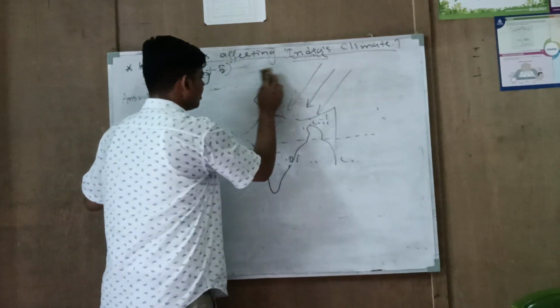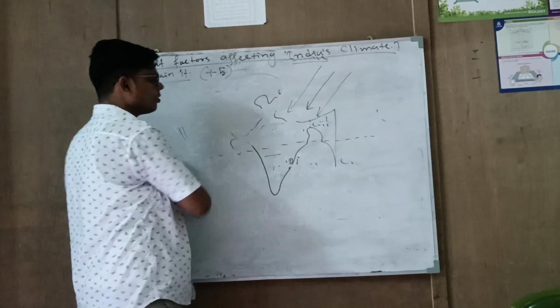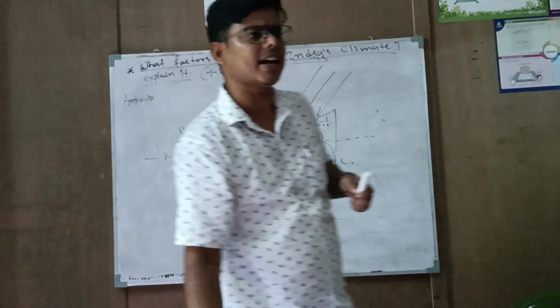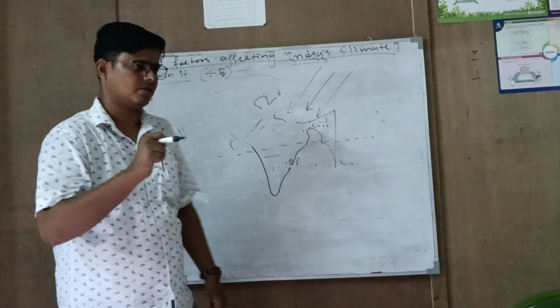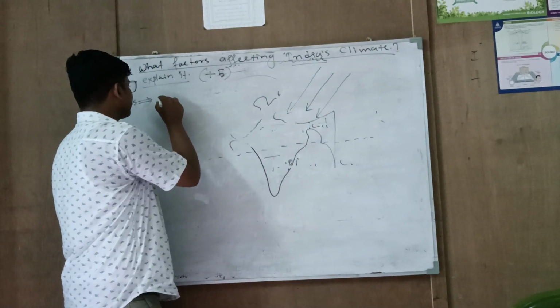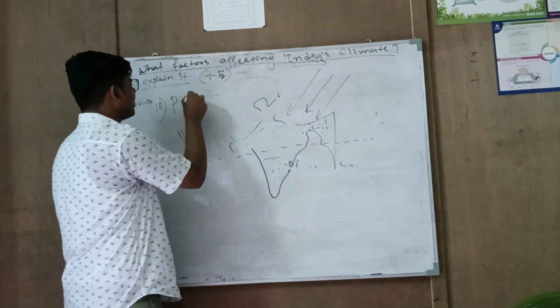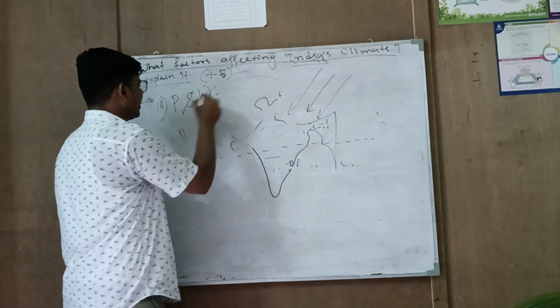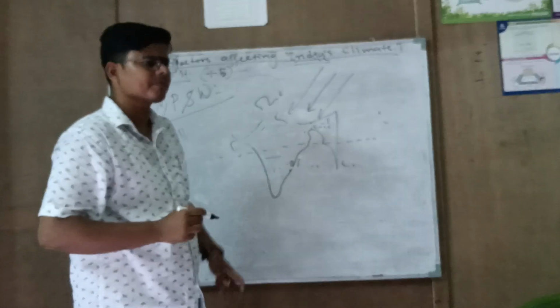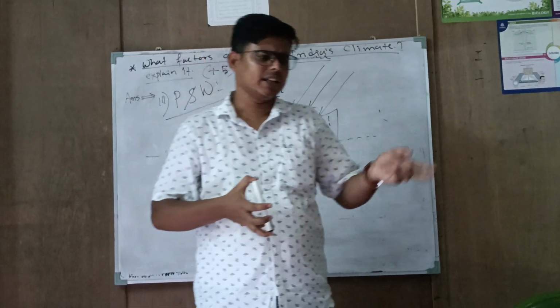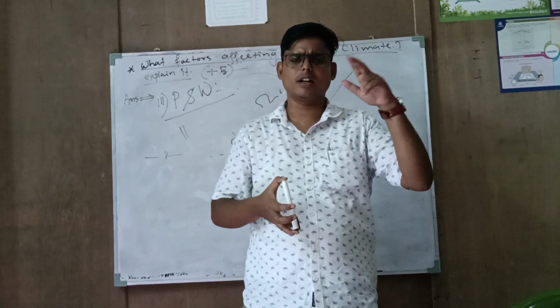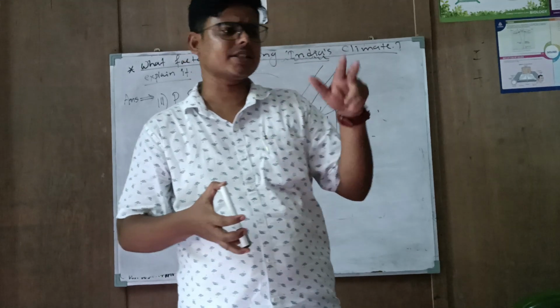Now the third controlling factor of the Indian climate is pressure and wind. Under pressure and winds, you can say that the jet stream controls our Indian climate.